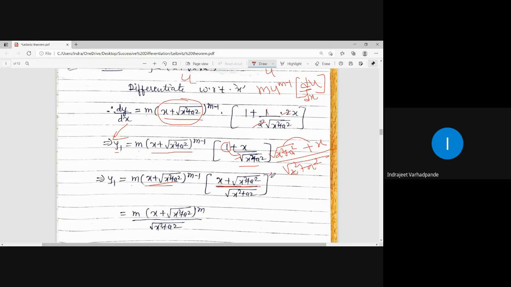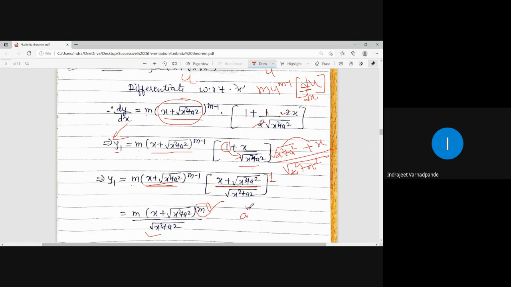Here there is no power written, meaning the index of this particular term is 1. So m minus 1 plus 1 will give you m. Clear? m multiplied by this bracket into this bracket. Powers are added when bases are the same, by the laws of indices, and the denominator remains as it is.